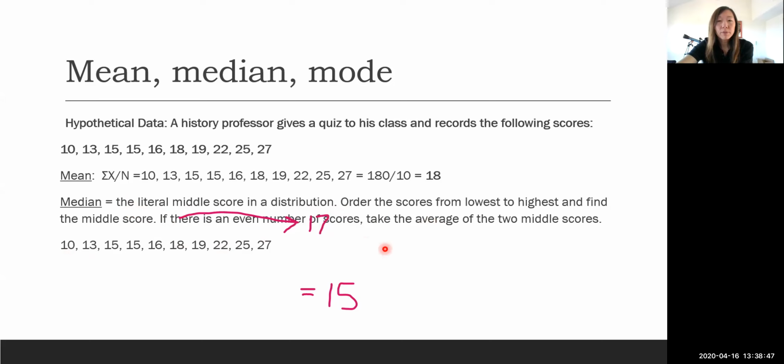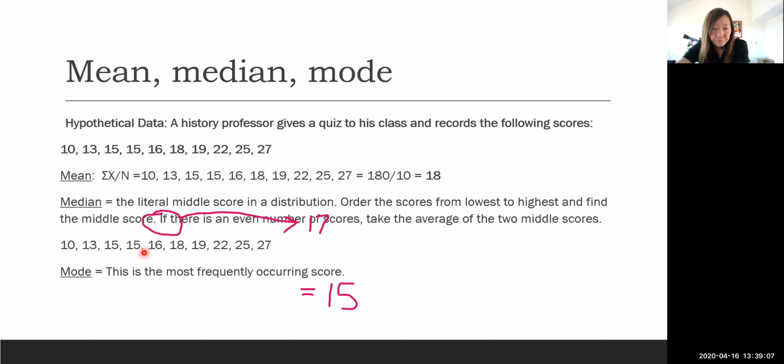If there's an even number of scores, take the average of the two middle scores. So in this case, there are 10 scores, and the middle two scores are 16 and 18. So we have our median as 17. It looks like the formatting is just a little bit off.